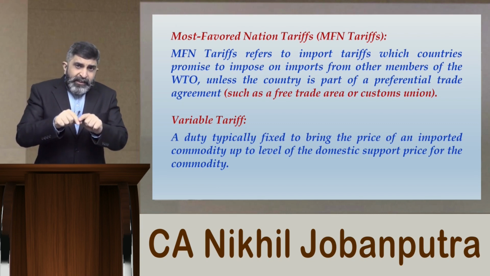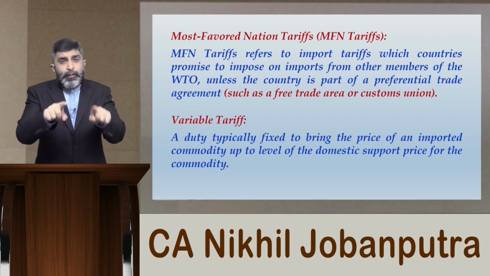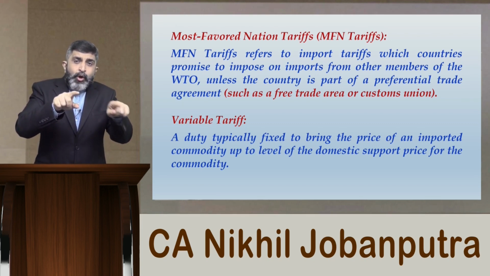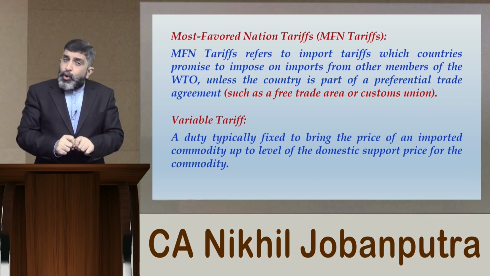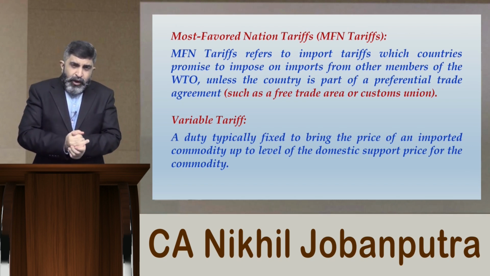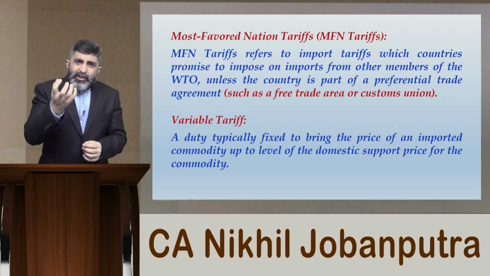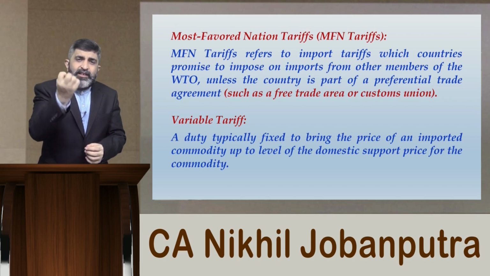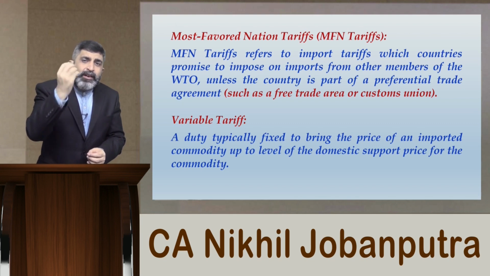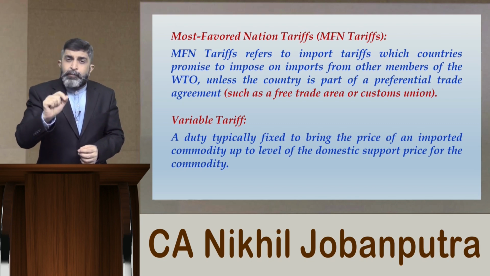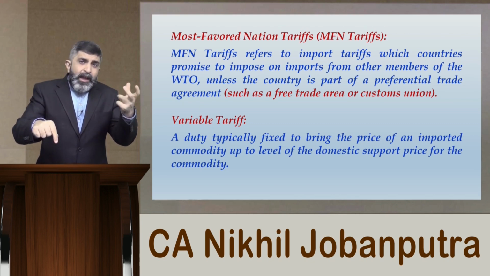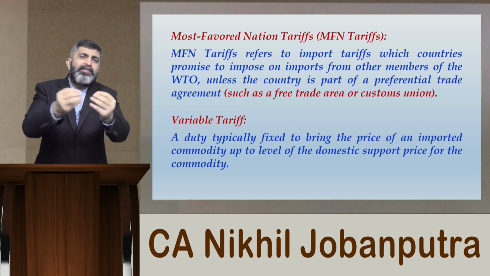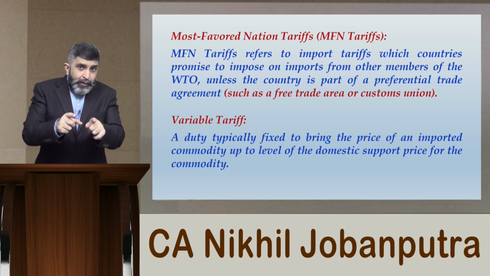So one objective could be to restrict the import, other objective could be to let the cost match with the manufacturing cost locally in India. Let me explain this point. For example, the manufacturing cost of a certain electronic good is rupees 30,000 per unit. The manufacturing cost is 30,000 locally in India and the import value is just 15,000. What will happen?